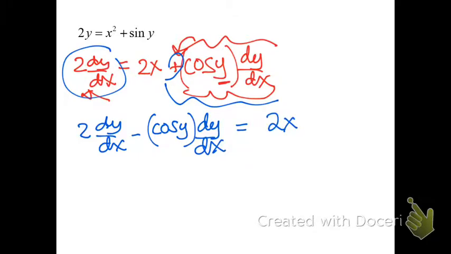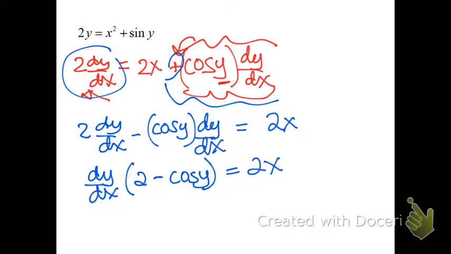Now my goal is to get dy dx by itself. How do I get dy dx by itself when there's two of them? Factor it out. Factor out a dy dx, and you're left with 2 minus cosine y. And now you can get dy dx by itself by dividing by 2 minus cosine y on both sides.